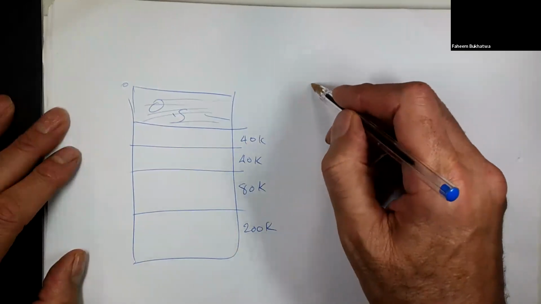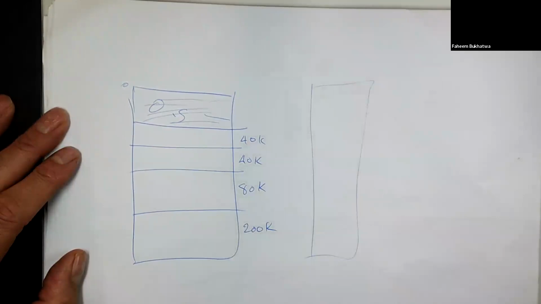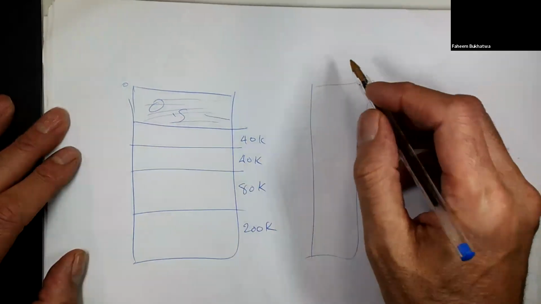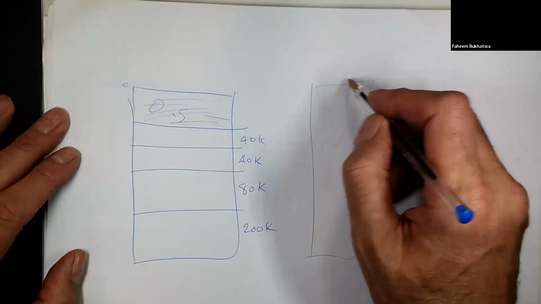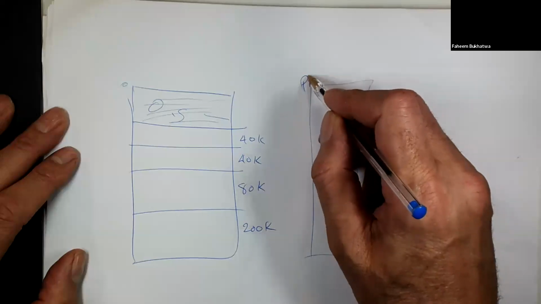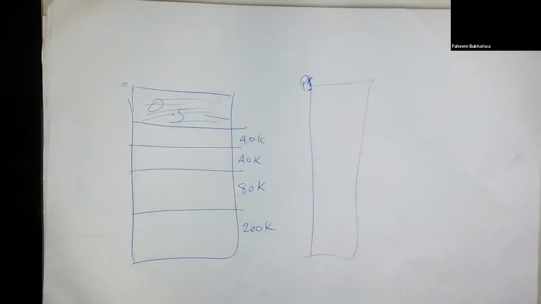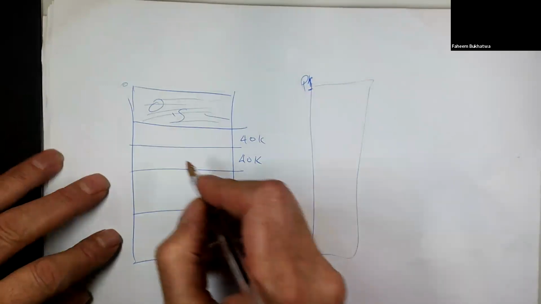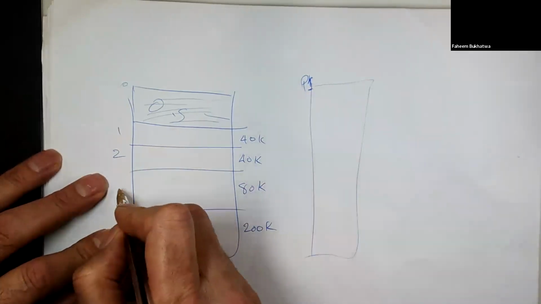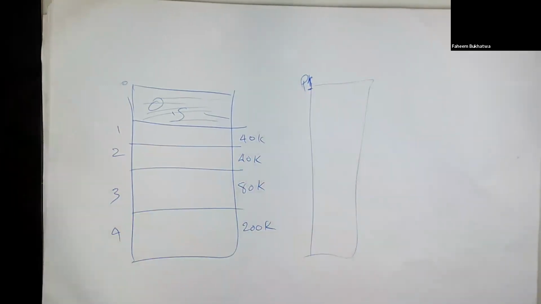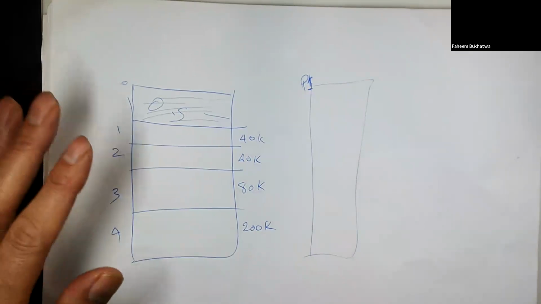Okay, so look at this operation. This is a dynamic thing that keeps happening. Let's say we get program number 1. I'll just ask you the question, you tell me which block we will put it in. So we have 4 blocks, block 1, 2, 3, 4.